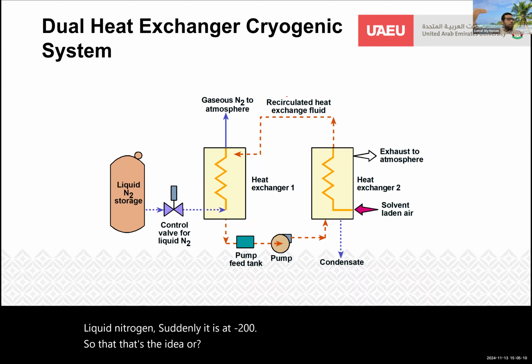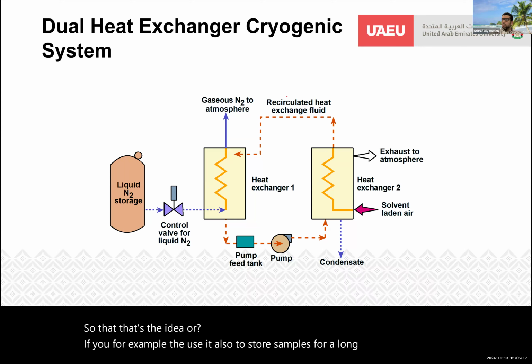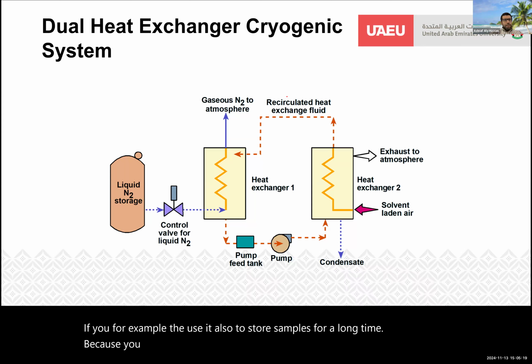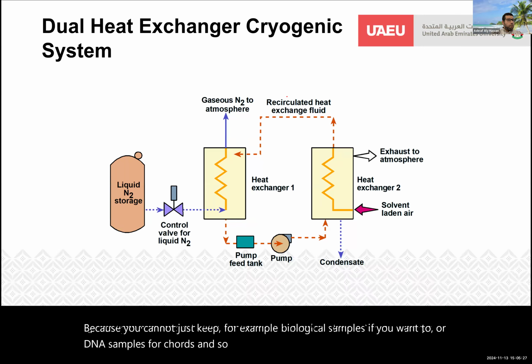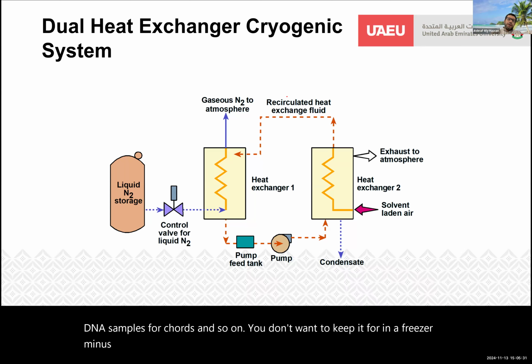They also use it to store samples for a long, long time. You cannot just keep biological samples or DNA samples for decades in a freezer at -80 and keep paying electricity for it, because that's a very powerful fridge.